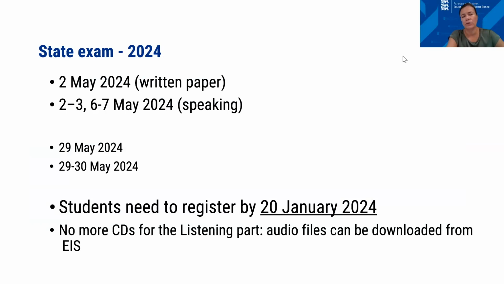So they can either take it on the 2nd or the 3rd of May, or the 6th or the 7th of May. And for those students who, for some, let's say, health issues, cannot participate in the exam at the beginning of May, then we provide additional time at the end of May.